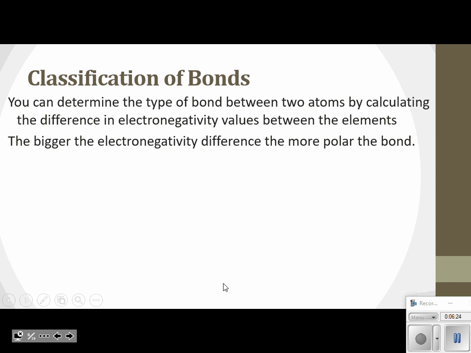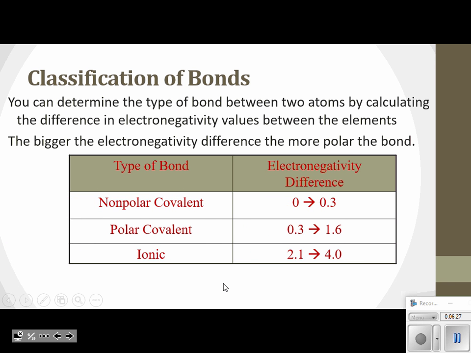Now, we talked about electronegativities. So once again, just to refresh our memories, we said that a nonpolar covalent bond was anywhere from 0 to 0.3 difference in electronegativity. A polar covalent bond was from 0.3 to 1.6.